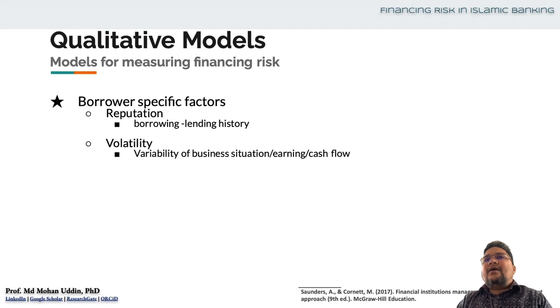So if the earning or cash flow of the potential funding customer fluctuates too much, then your Islamic bank is also going to face a high degree of uncertainty whether the business organization will be able to pay all the dues in future. So volatility is also another important borrower specific factor.